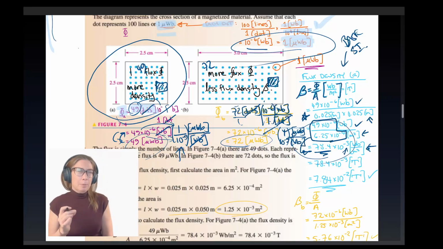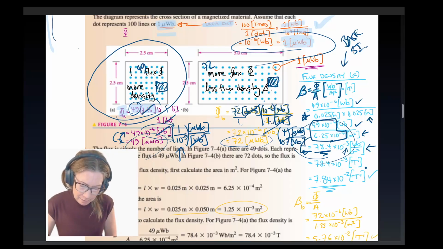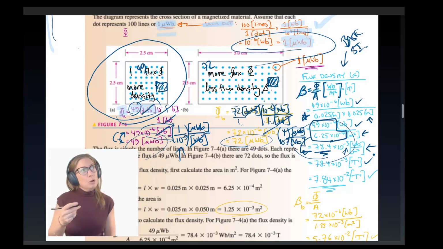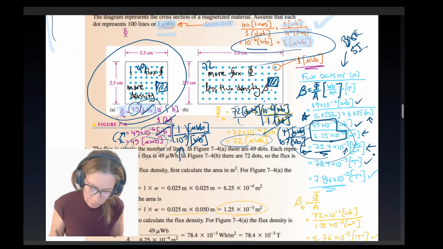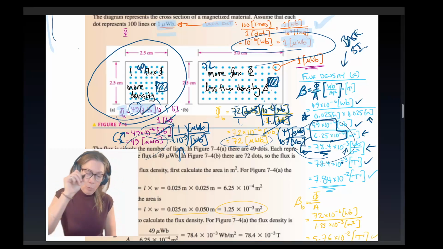Remember that Weber per meter squared is what a Tesla is. So I can then express that as Teslas. Okay. Now, if I want to express that in the tenths of scientific notation, I like doing that too. So you would move that decimal over 1.